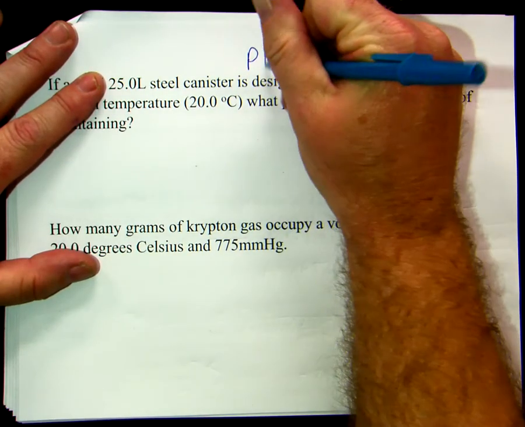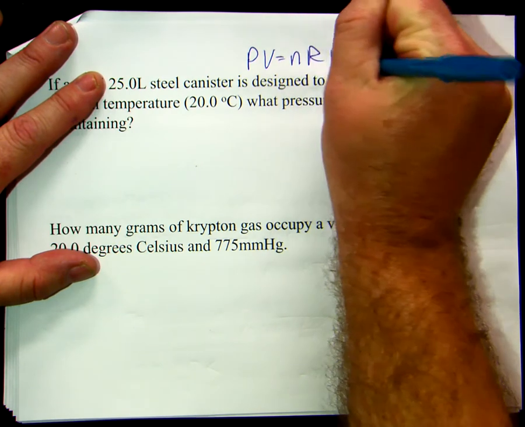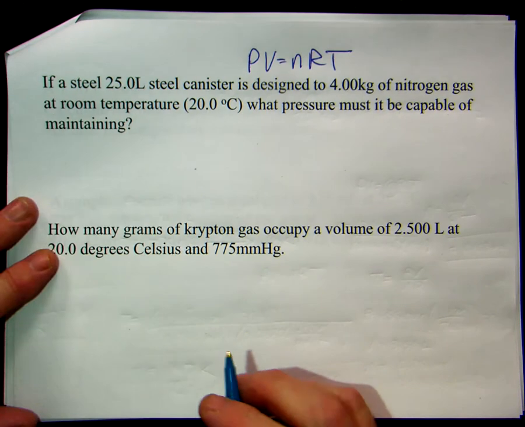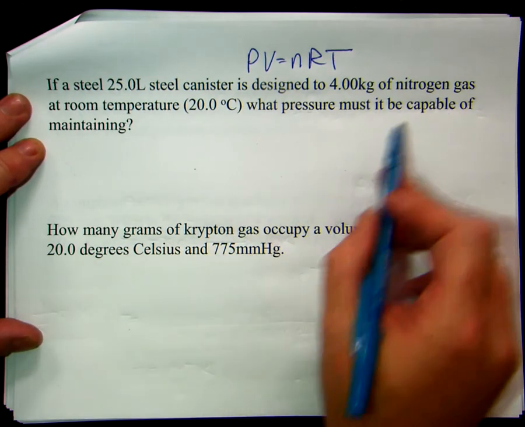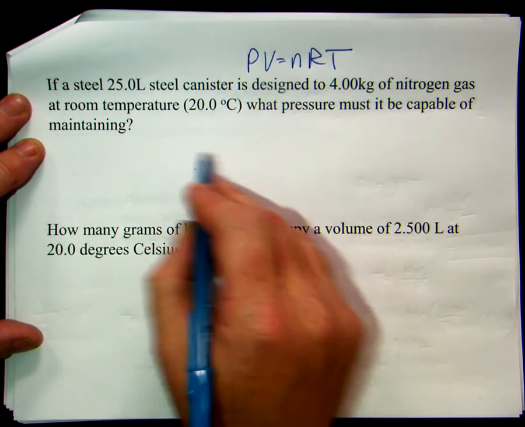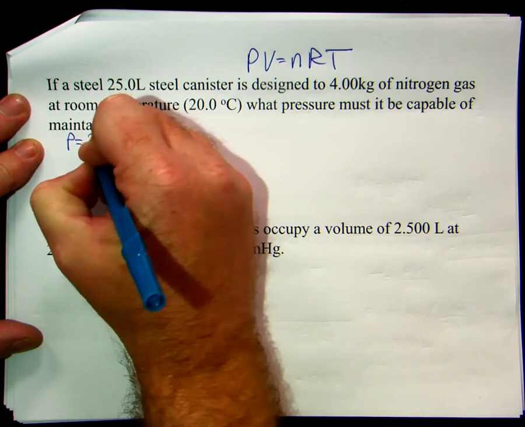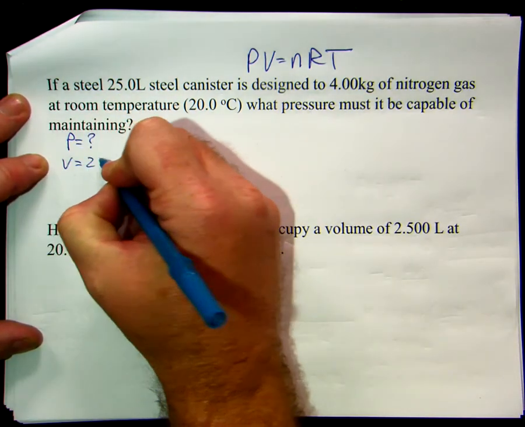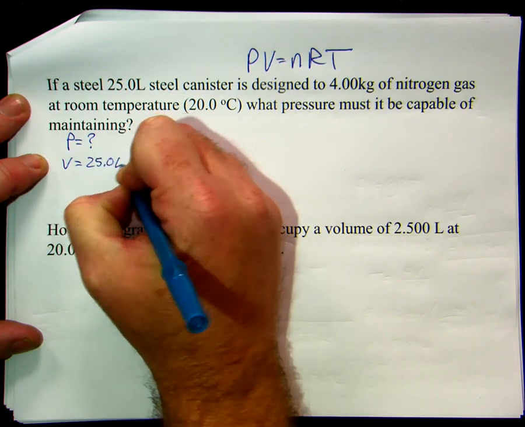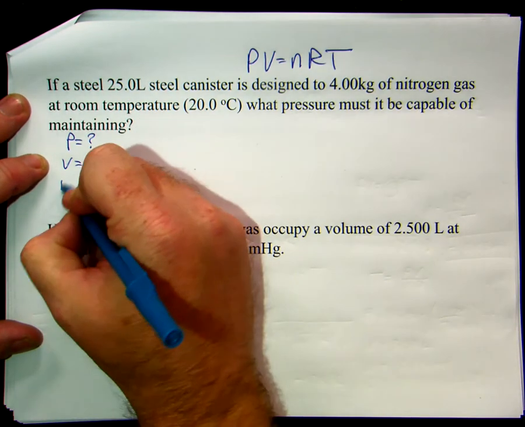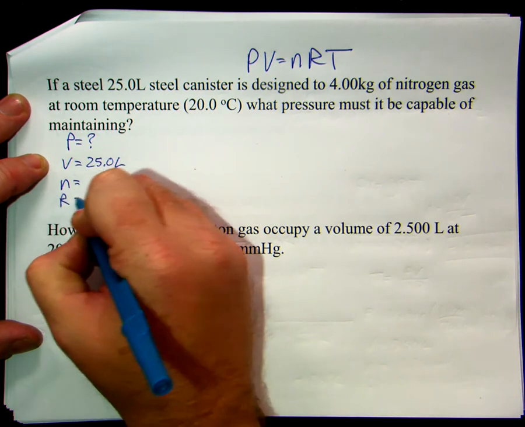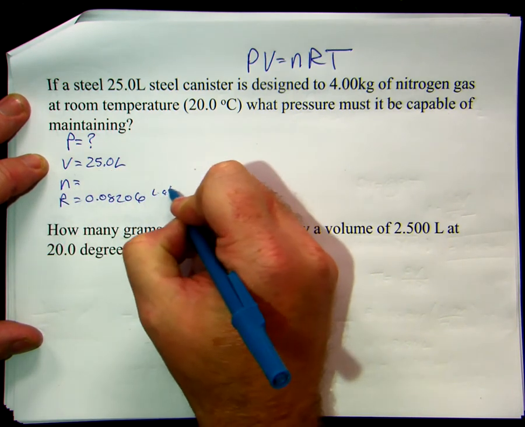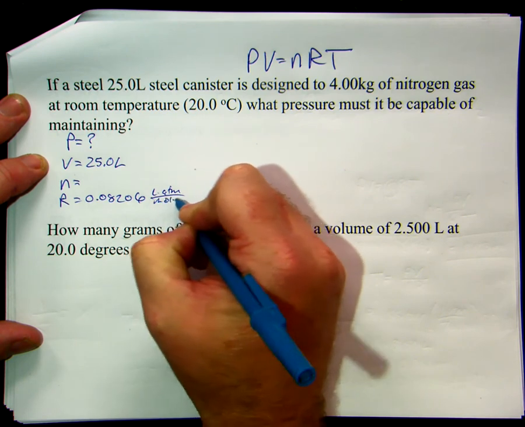So PV equals nRT. Let's start brainstorming and looking at what we're asked to solve. Pressure, we don't know. We're being asked to solve for that. Volume we're given is 25 liters. N, more on that in a minute. R we know is 0.08206 liters atmospheres over moles Kelvin.